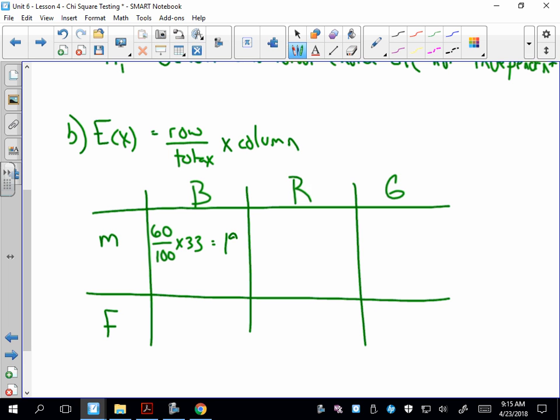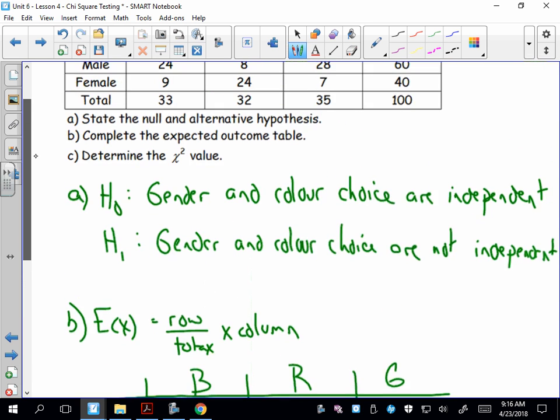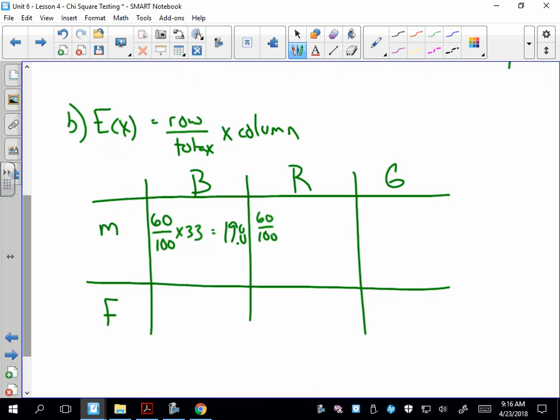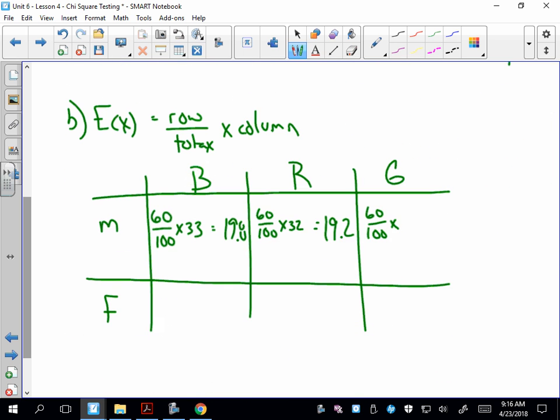That's 19.8. 60% of the reds should be male. There were 32 reds, and that comes out to 19.2. I would expect 60% of the green. How many greens were there? There were 35.